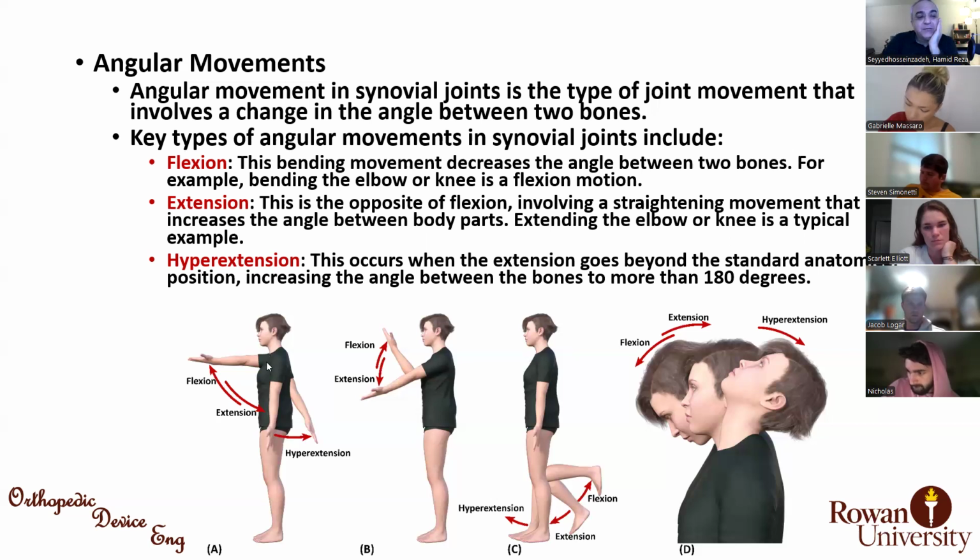When we change the angle between the bones and the angle between those two bones decreases, it is called flexion. For example, for shoulder flexion, this is the anatomical position, and shoulder flexion means moving the shoulder forward. For the elbow, it means decreasing the angle between the forearm and arm bones, like this.